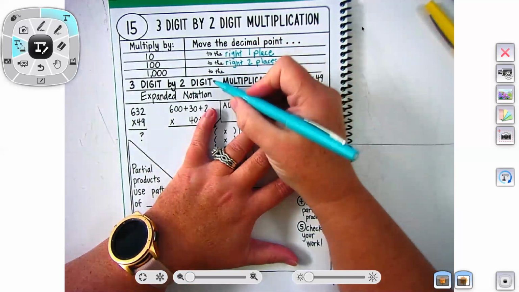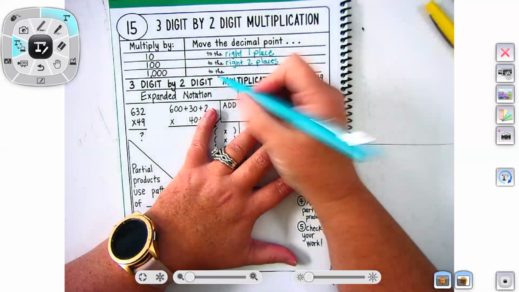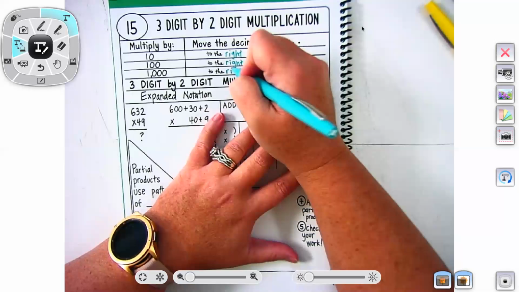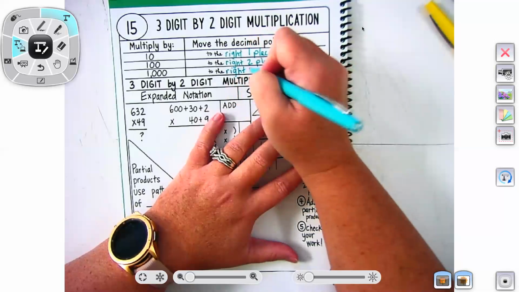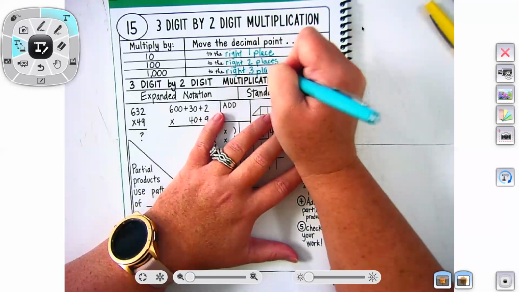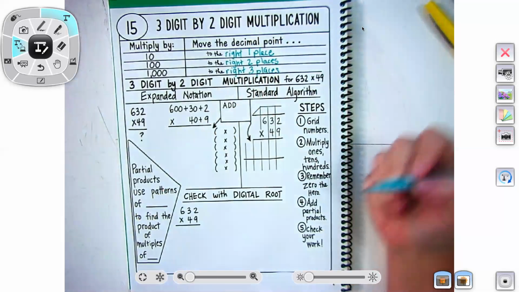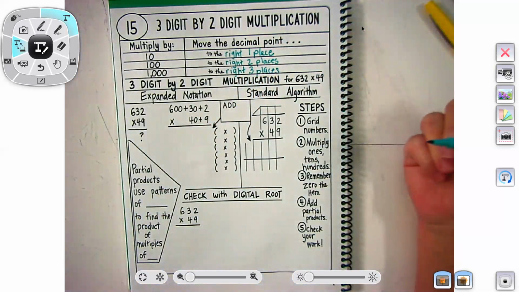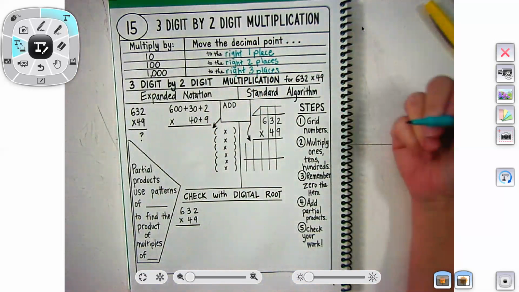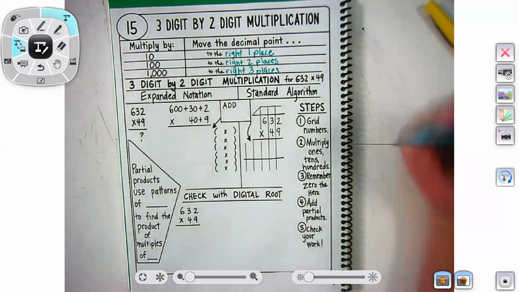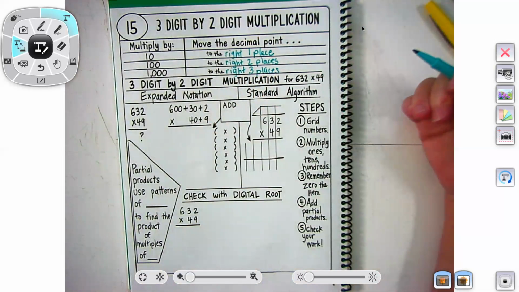Then if we are multiplying by 1,000, we are going to move our decimal to the right 3 places. And this is what we worked on, boys and girls, a couple of weeks ago when we were multiplying and dividing by the powers of 10. And that's another reason that we showed you that multiplication strategy, because we are going to be working on it.